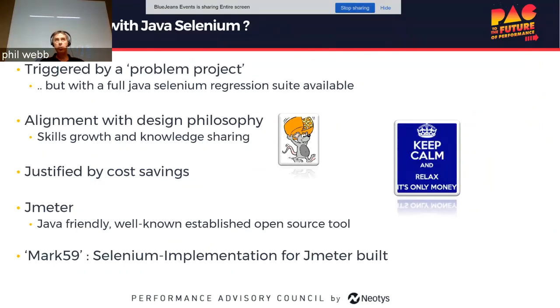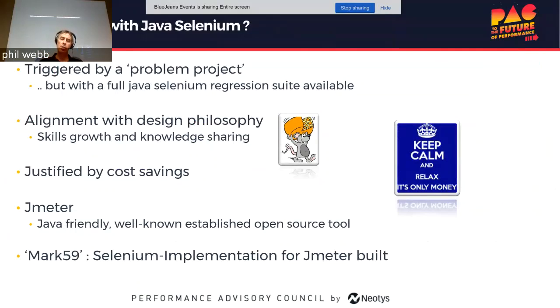So suffice to say, without going into the details of the actual development, we built the Selenium implementation in Mark 5.9, and then we transitioned from LoadRunner jobs to Geometer jobs, maybe over a 2-year period.